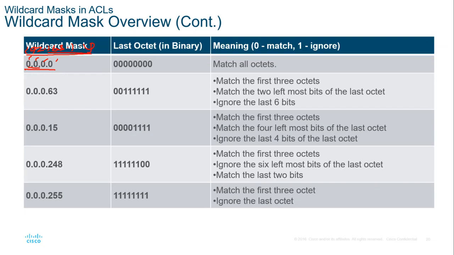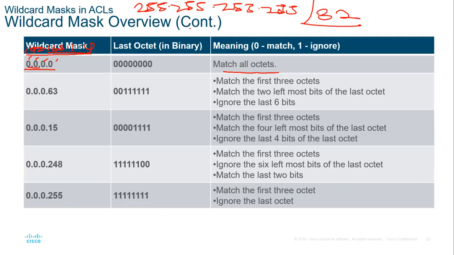Whatever we have here remains constant. So when you look at this, it matches all octets. It has to be that. It is the same as when we say /32 in a subnet mask. You remember where we have /32 under interfaces? That is the exact frame. Now we have this one here.